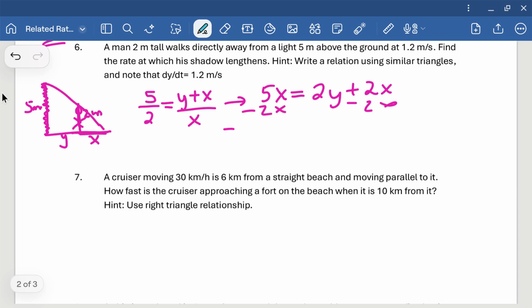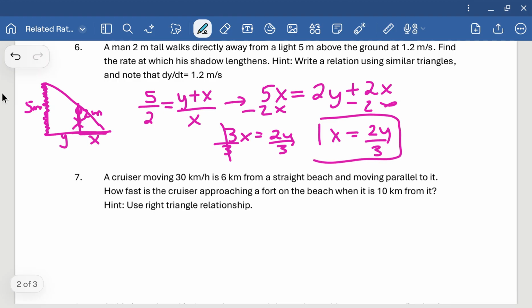So you get 3x equals 2y, divide both sides by 3. So our equation here, x equals 2y over 3. And now if you go to take the derivative of this equation, taking the derivative of x will give you dx over dt, and the derivative of 2 over 3 y would just be 2 over 3 dy over dt.